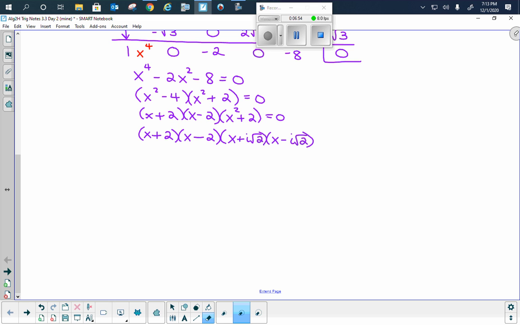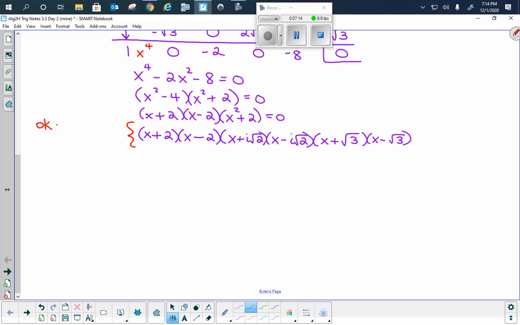And then please do not forget your other two factors, which are from the original that we gave you. One of them is x plus root 3, and one of them is x minus root 3. Okay, so again, I'm going to keep making that note.